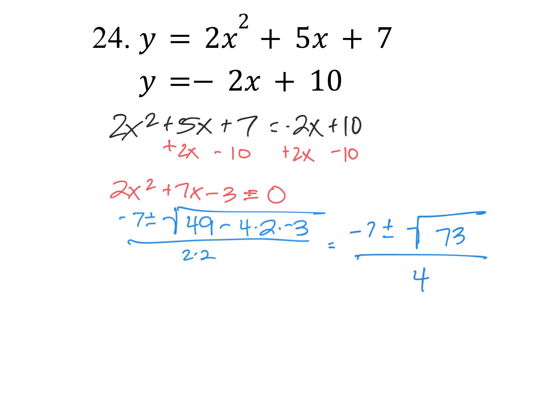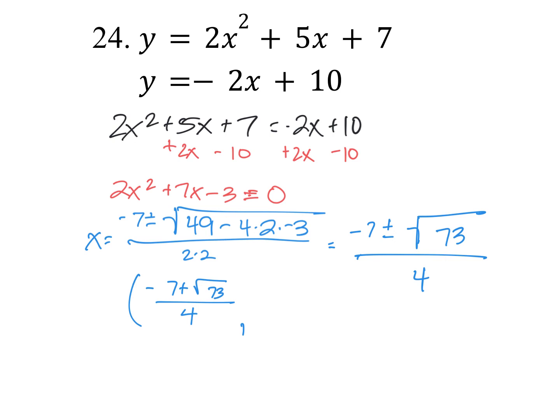So then we plug that in. So this is x equals, so we have this nasty number, x equals negative 7 plus the square root of 73 over 4 is one of our answers. So we're going to get rid of the x equals, and put it inside of an ordered pair. When x is this, what is y? So this is a nasty number.